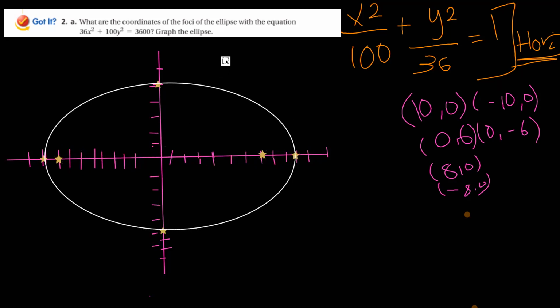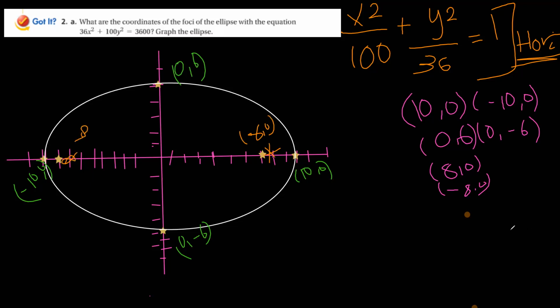This is our ellipse now, with the vertices (10, 0) and (negative 10, 0), the co-vertices (0, 6) and (0, negative 6), and the foci here: (8, 0) and (negative 8, 0). Is it clear? Yes, teacher. Thank you.